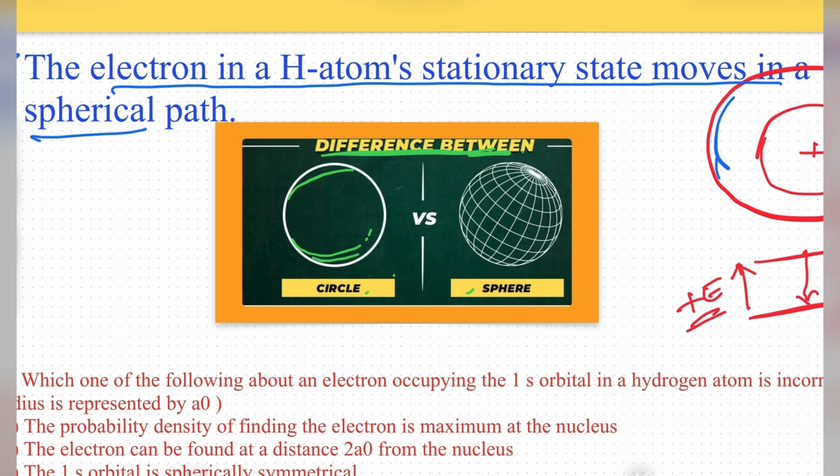In this sphere, electrons are moving from higher energy level to lower energy to higher, like that. So your option is given as circle. That is wrong. That should be sphere, not a circle. You got this? This is a very important point.